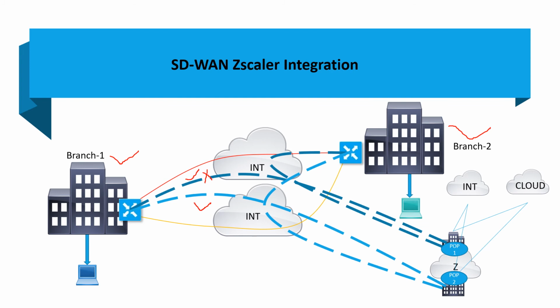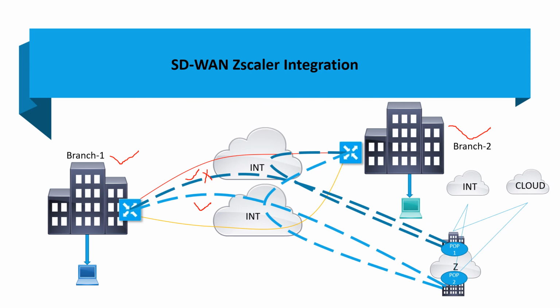So all the traffic flows over the secured IPsec or GRE tunnel. It reaches the POP, and Zscaler is going to host all these applications what we used to use earlier in our branches: the firewalling, application awareness, traffic scanning, IDS, IPS, and application awareness.